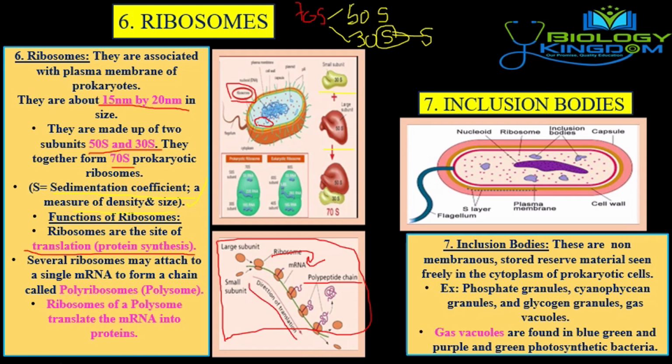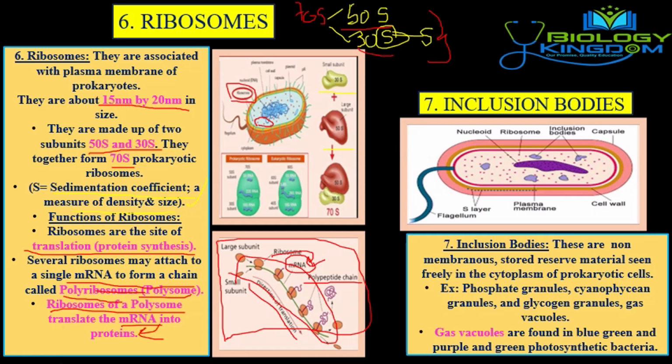Several ribosomes may attach to a single mRNA to form a chain called a polyribosome or simply polysome. So these 70S ribosomes break down into 50S and 30S, and these attach to a single mRNA structure, and then together they form a chain like this, and this entire chain is known as a polysome or polyribosome. Now the ribosomes of a polysome will translate the mRNA to protein.